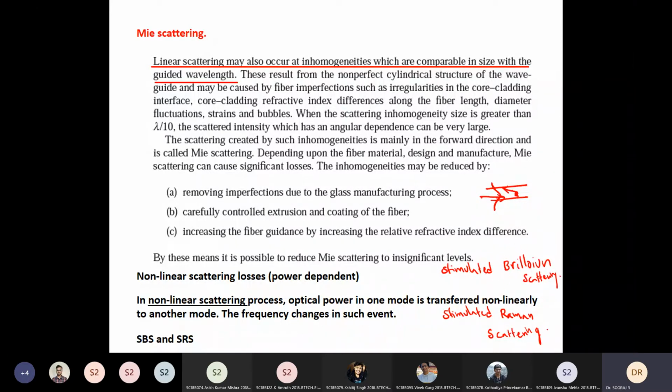But please note that both Brillouin scattering and Raman scattering are nonlinear scattering processes, which means that the wavelength of the photon is changed. Whenever there is a change of frequency or wavelength, you call it a nonlinear scattering process, whereas Rayleigh scattering and Mie scattering are always linear scattering processes because their wavelength or frequency does not change.